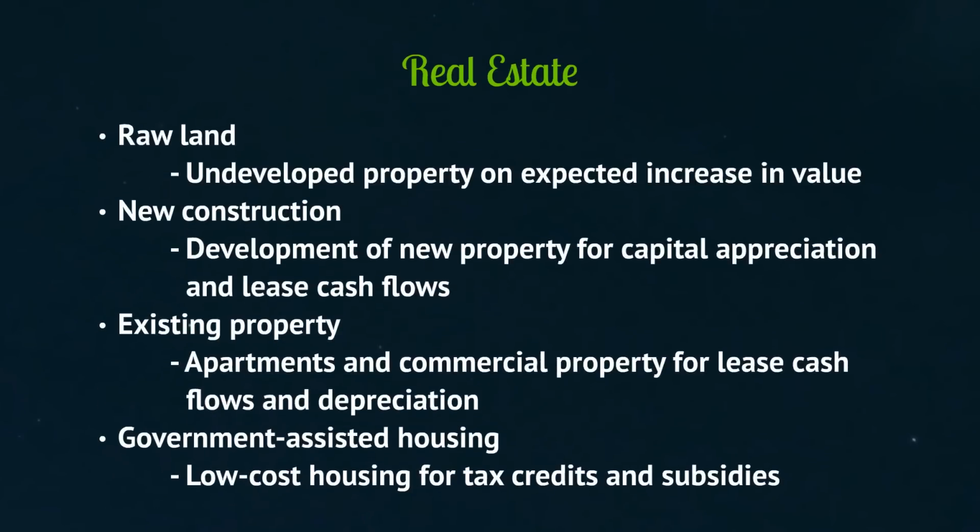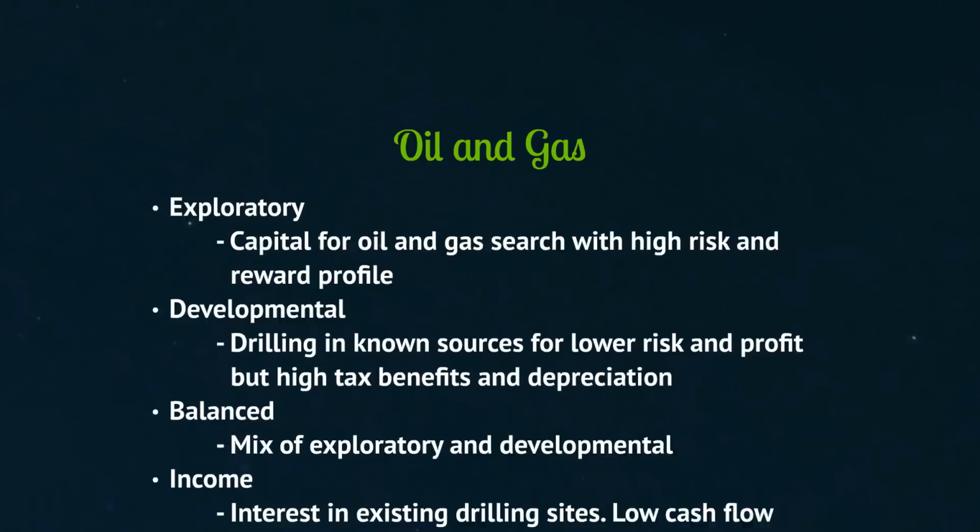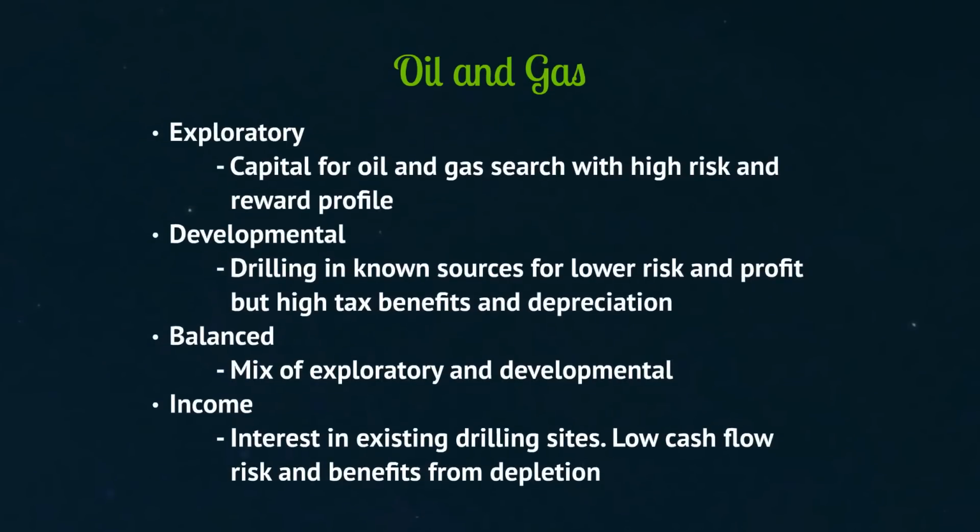And we talked about real estate as being one of the focus of these investments, and here's some of the areas they could invest in: undeveloped property, all the way through commercial property and government assisted housing. And there's also oil and gas, which can take the form of exploration, development, or some mix between the two.